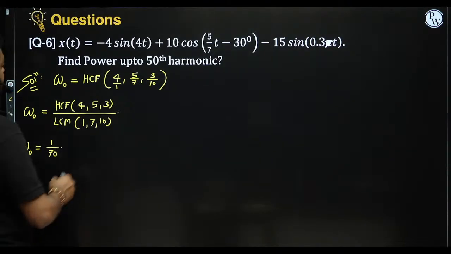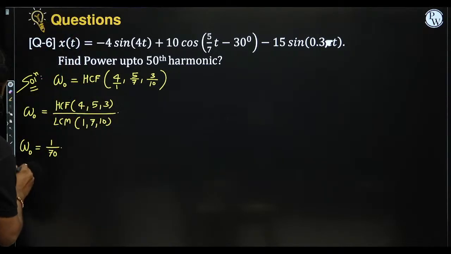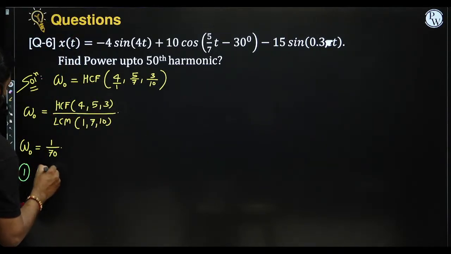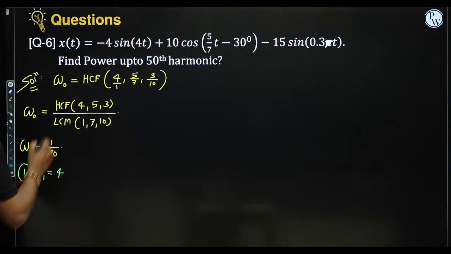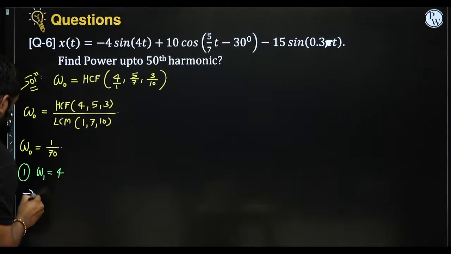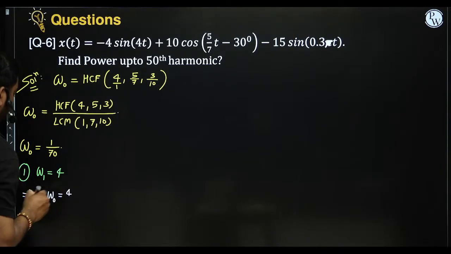Now what is the next step? Next, the first frequency, guys. Omega 1 is equal to 4, guys. Compare this with n omega 0. So n omega 0 is equal to 4.